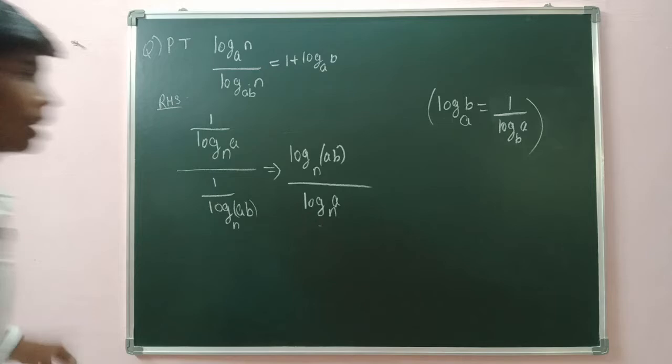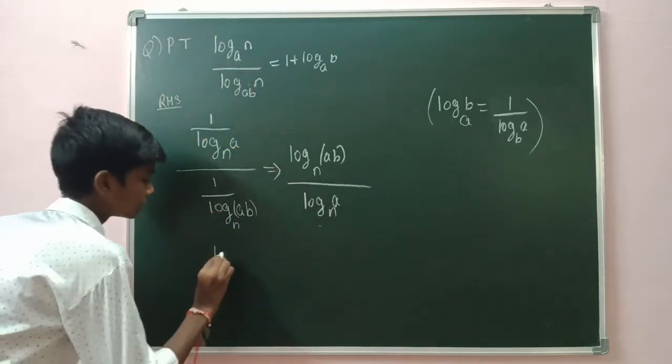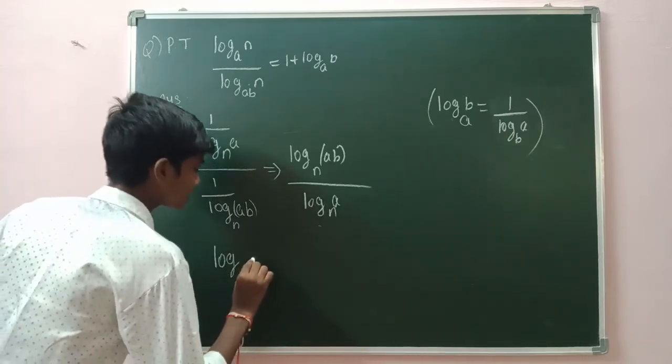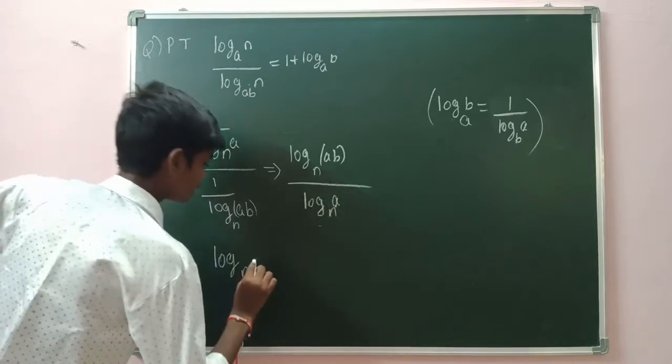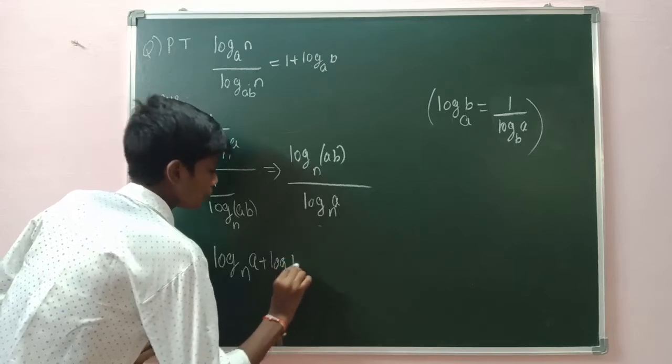Very simple task. So now after this I can write this log of ab to the base n using the formula in the reverse way. I can write this same log of ab to the base n as log of a to the base n plus log of b to the base n.